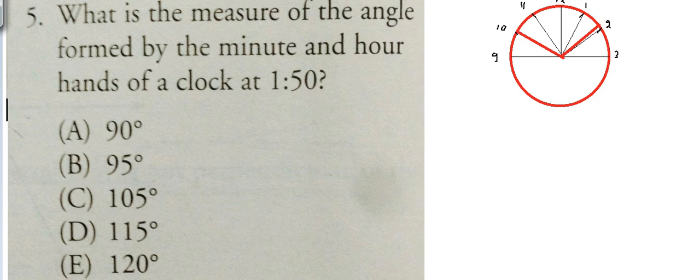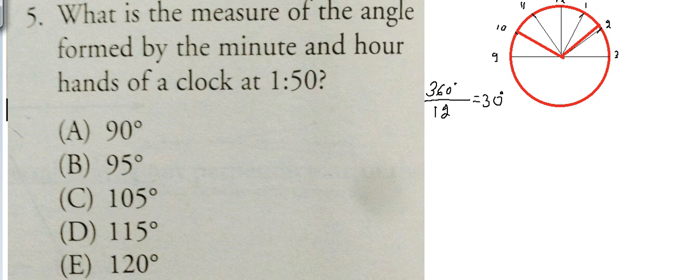There are 10 minutes to 2. The clock is divided into 12 parts, so every part has a degree. 360 degrees, the whole circle, divided by 12 equal parts, each part will have 30 degrees as an angle.